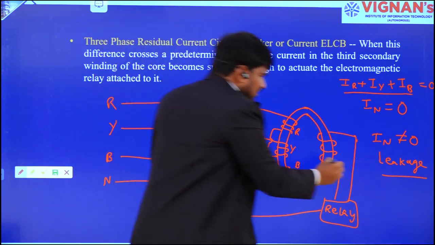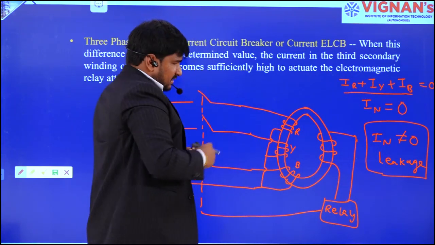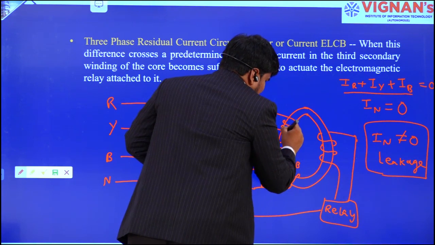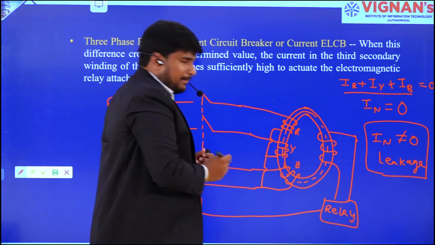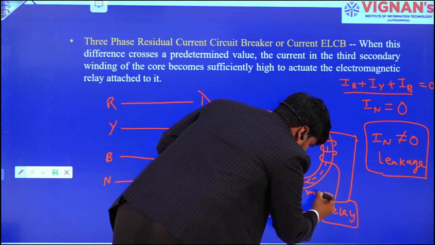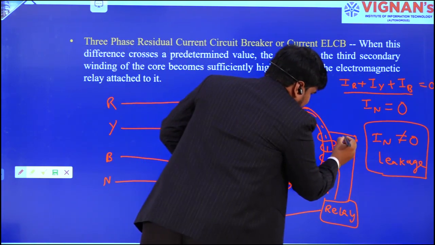So because of this property, similar to the previous one, the resultant MMF will be generated. So because of this MMF, there is a production of voltage.